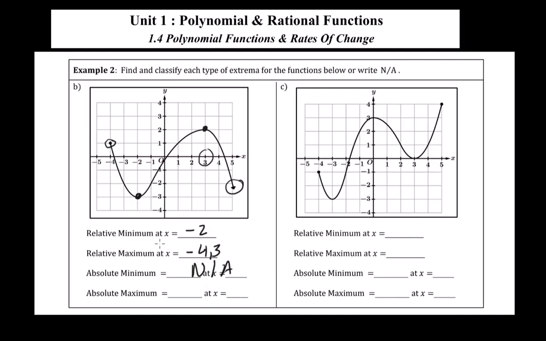Make sure you differentiate whether the question is asking relative or local, or absolute or global. Now, what is the absolute maximum? The absolute maximum is this point, so that takes place at x = 2, at 3.